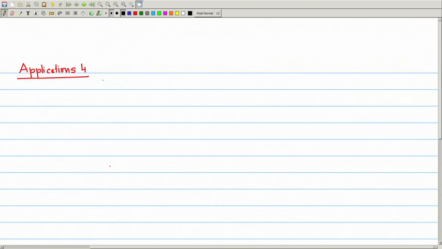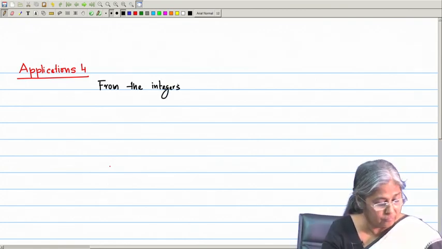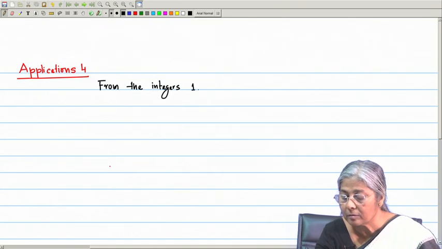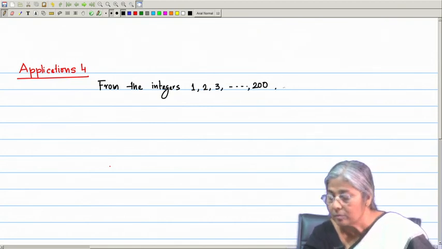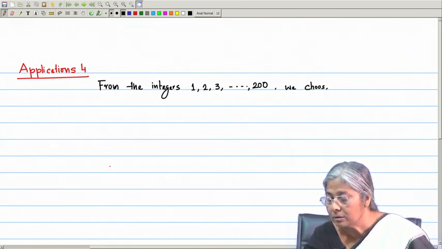So, write the problem. Again this is a number theoretic problem. From the integers 1 to 200 we choose 101 integers.